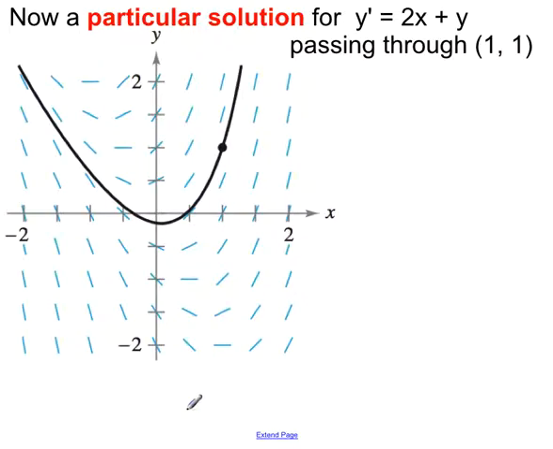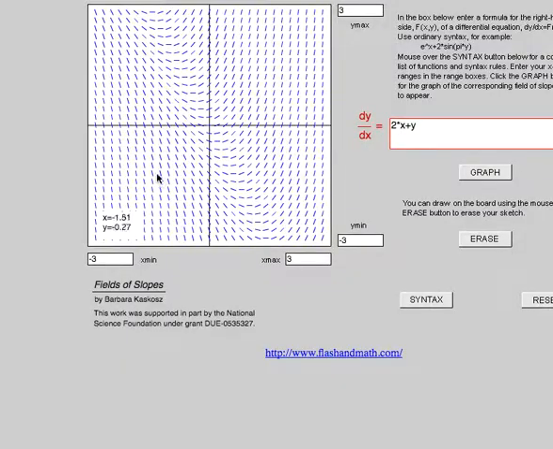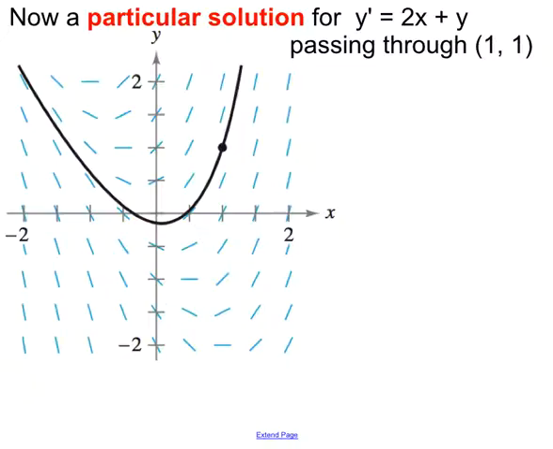And one last little look at a particular solution. Again, if we go back to that picture of the slope field, these are all the different possibilities of those different plus c's, all the general solutions that it might be. If I wanted to go through a particular point, like for example 1, 1, which is right here, I need to follow the slope field from that point.